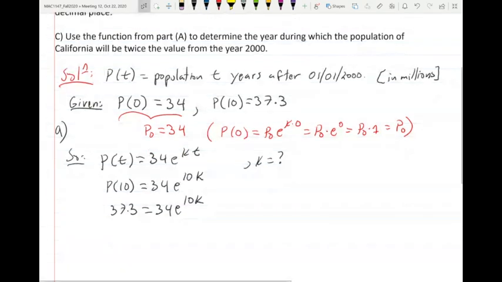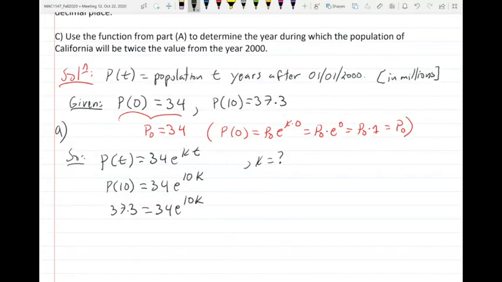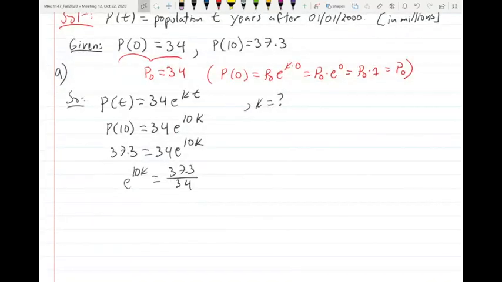Here we need to use logarithms. So e to the 10k is going to be 37.3 over 34. We can write this using logarithms, so that means that 10k equals ln of 37.3 over 34.